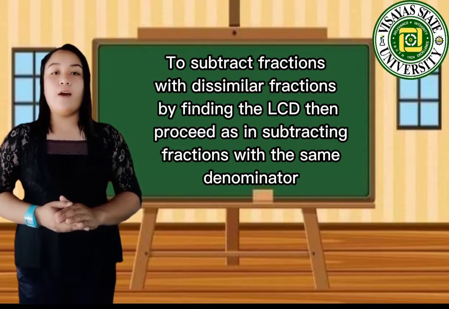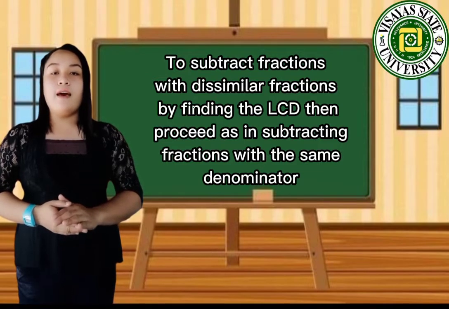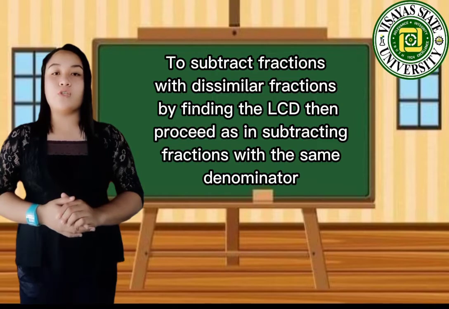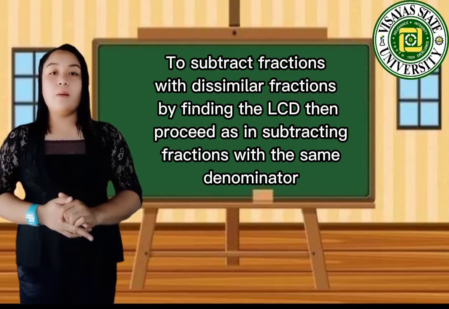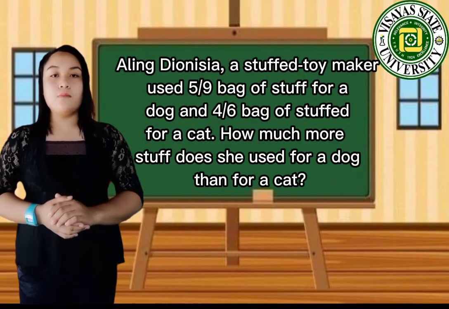To subtract fractions with dissimilar denominators, find the LCD and then proceed as in subtracting fractions with the same denominator.